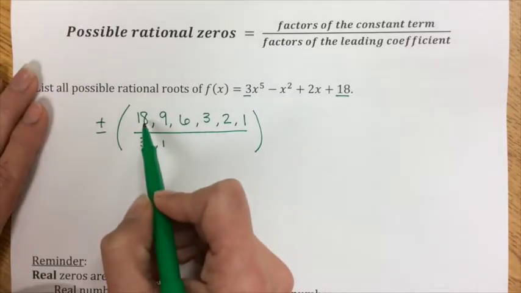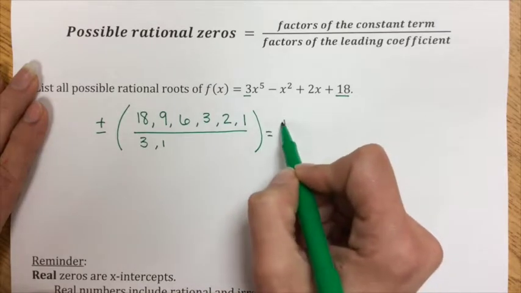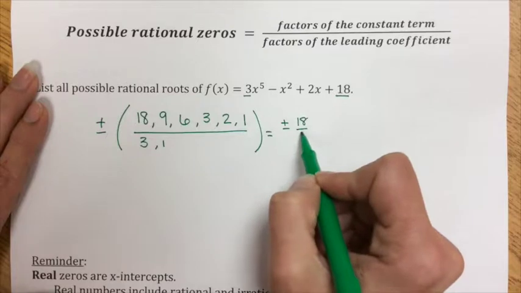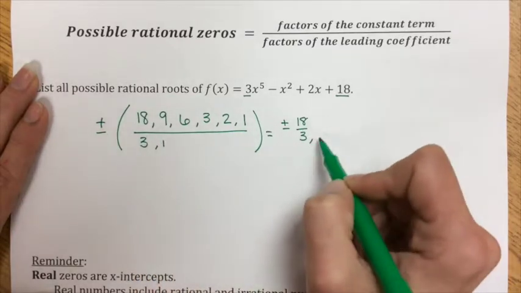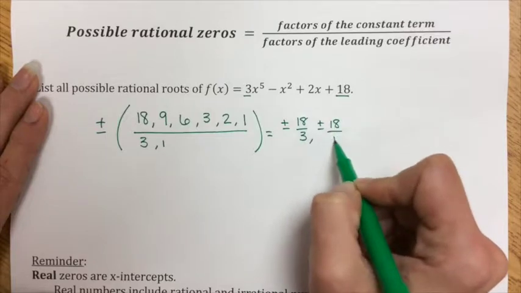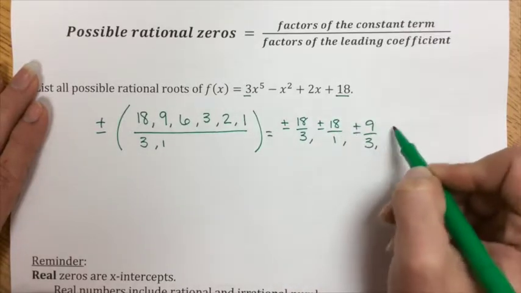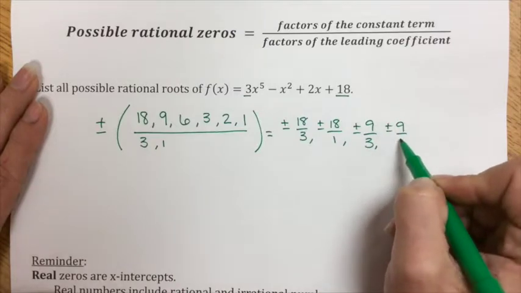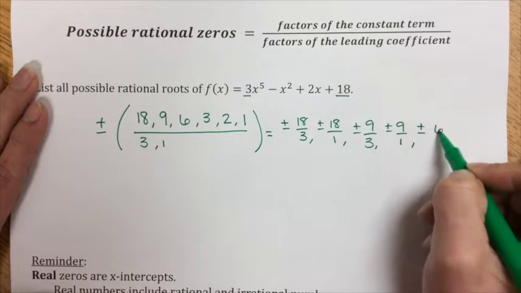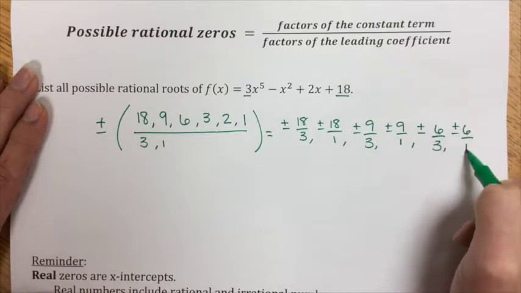So 18 over 3 is plus or minus 18 over 3, 18 over 1, plus or minus 9 over 3, plus or minus 9 over 1, plus or minus 6 over 3, plus or minus 6 over 1.